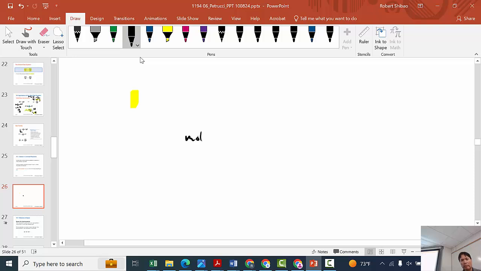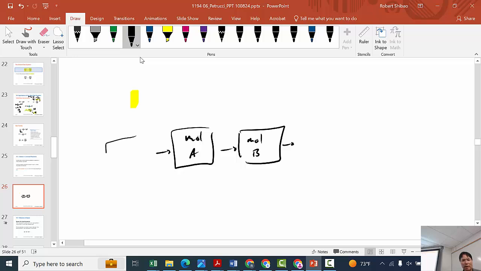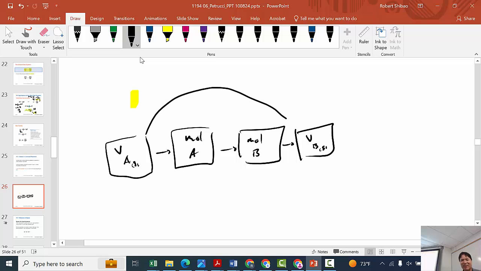So normally we do a moles of A to moles of B type conversion in stoichiometry using a mole ratio. But we can skip this mole to mole conversion and go directly from the volume of A gas to the volume of B gas by using the volume ratio.